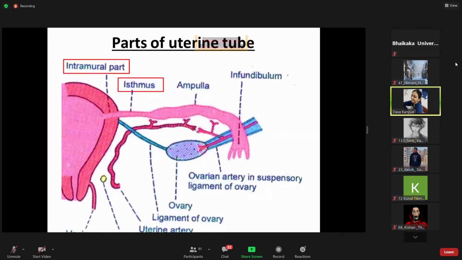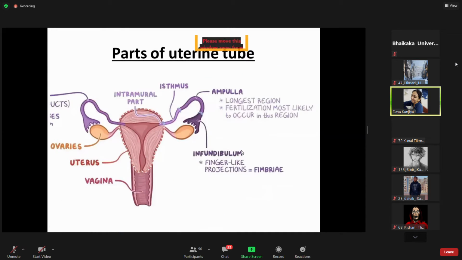Lateral to it is the isthmus. The longest portion is the ampulla, and the lateralmost end is called the infundibulum. So from medial to lateral, it will be divided into four parts: intramural part, isthmus, ampulla, and infundibulum.